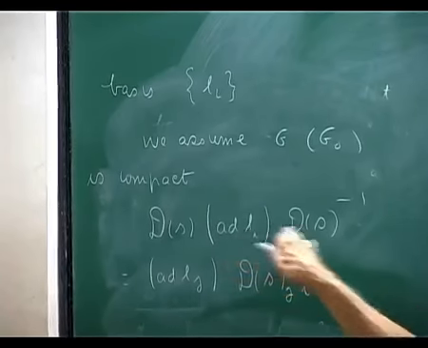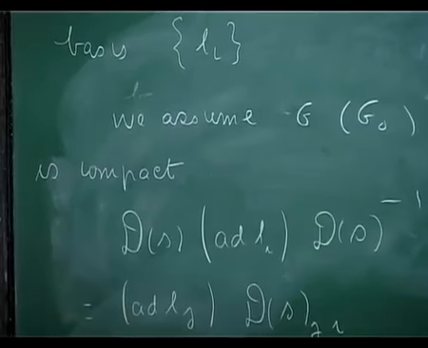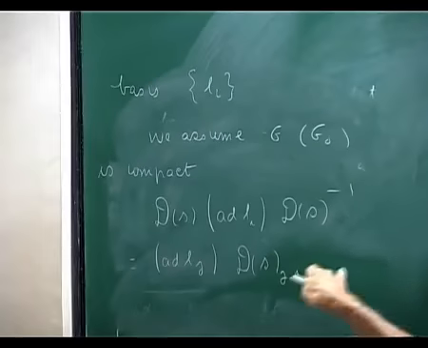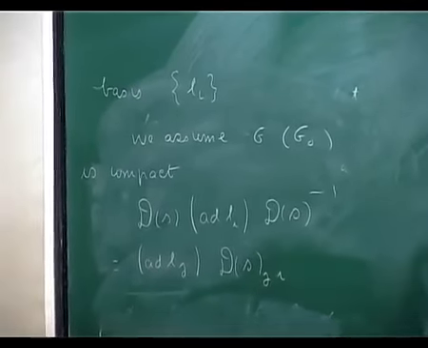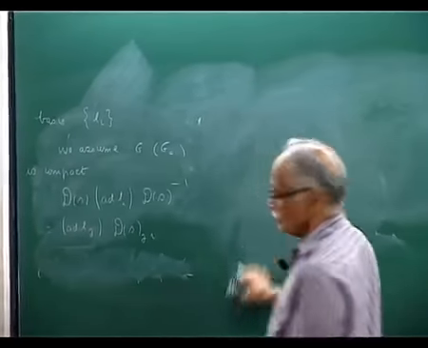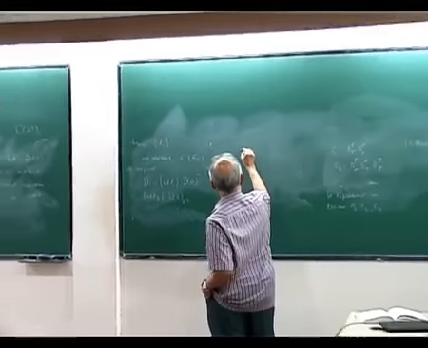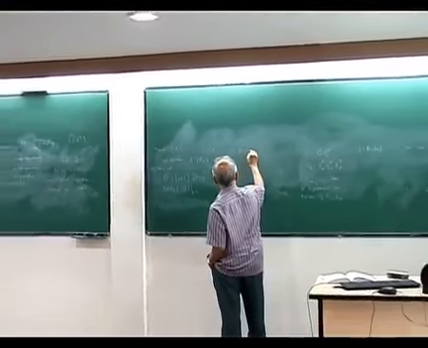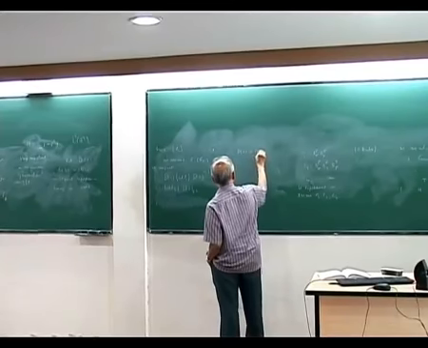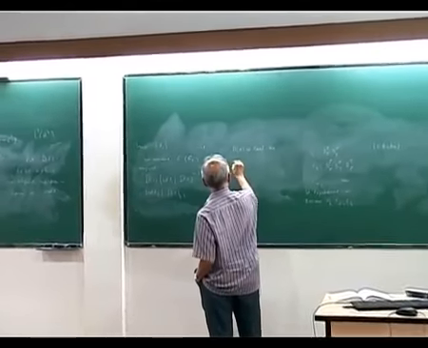This is a matrix for the adjoint action of the group element acting on the Lie algebra, and I choose some basis. Now clearly D(s) is real, as L is a real Lie algebra.